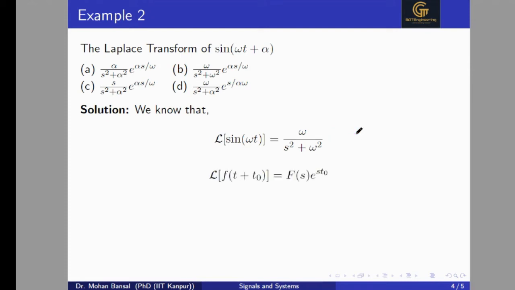And we will use another property, that is the Laplace transform of f(t plus t naught) is nothing but F(s) e to the power s t naught. If we combine both of these properties, we get sine omega (t plus t naught).